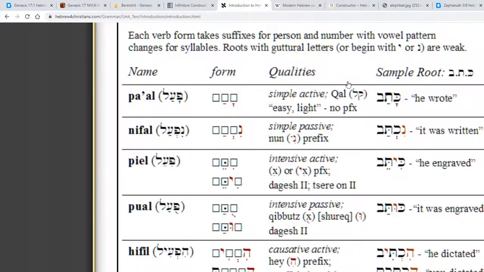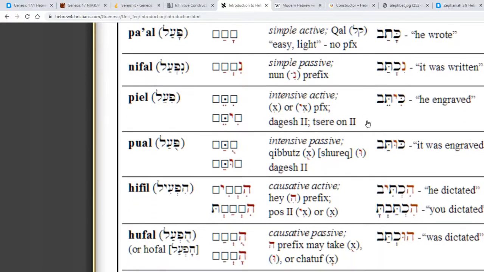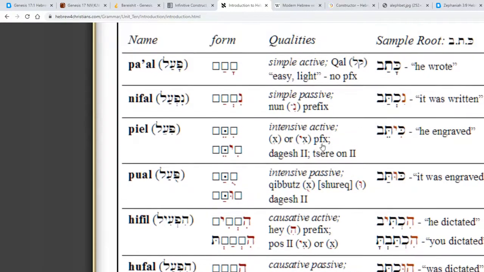Now, no root in Hebrew is used in all 7 binyanim in the Bible. So this is a tiny bit of an extrapolation. It isn't true in every way. But nichtav, the nif'al of that root, would be the simple passive: it was written, as opposed to he wrote.